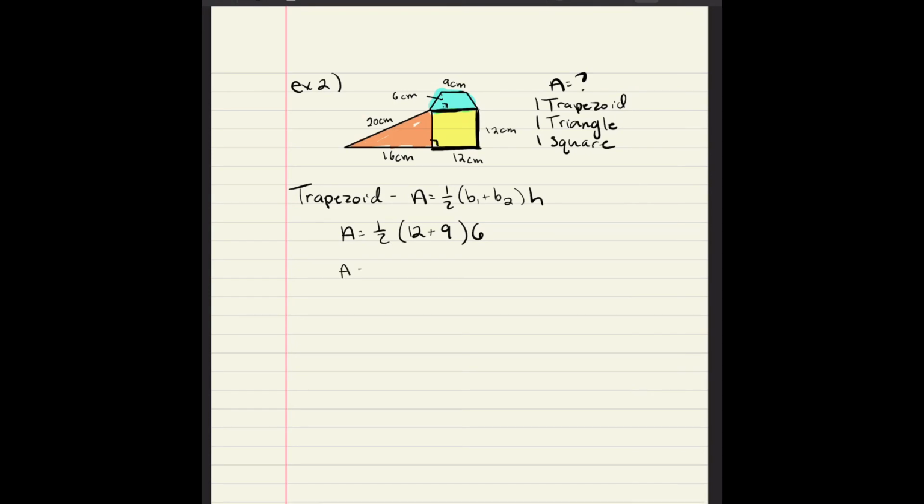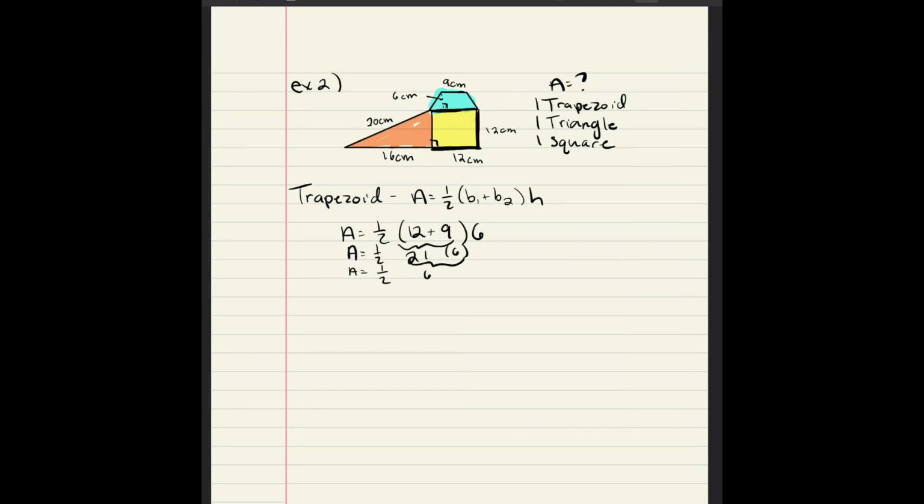So I have area equals a half times 12 plus 9, which gives us 21, times our height, which is 6. And when I multiply that, I get area equals a half times 21 times 6.